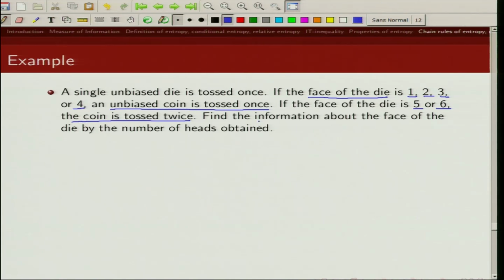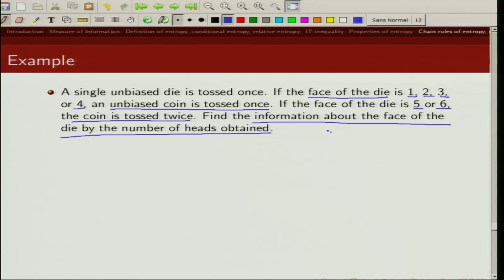Now I want to find out what information about the face of the dice is conveyed by the number of heads obtained. So again, what I am doing is first rolling a dice, and depending on what the number is, I am tossing a coin.